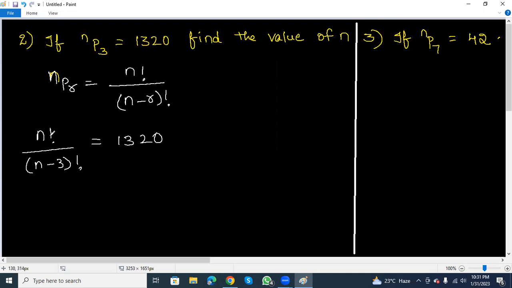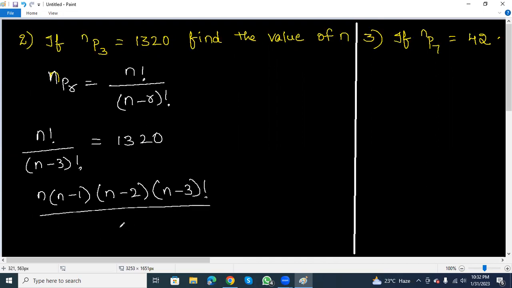This n factorial is a bigger number than the n minus 3 factorial. So we can write it in terms of n minus 3 factorial, right? So let's write n into n minus 1 into n minus 2 into n minus 3 factorial divided by n minus 3 factorial is equal to 1320.